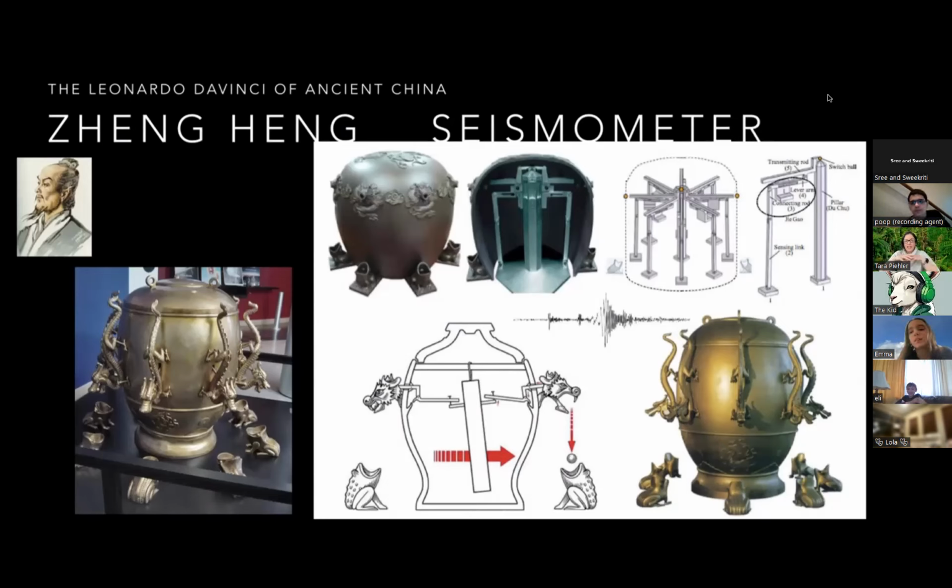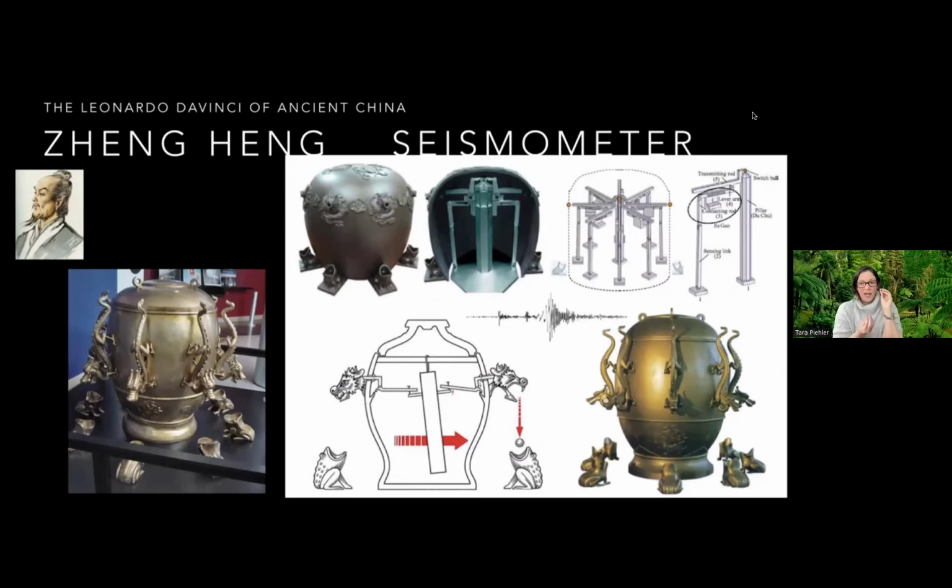invented a seismometer. What is a seismometer? It measures earthquakes. That's right. He invented the first one. Basically it's an orb with 8 dragons all around it that have little balls in their mouths, and there's a pendulum in the center.